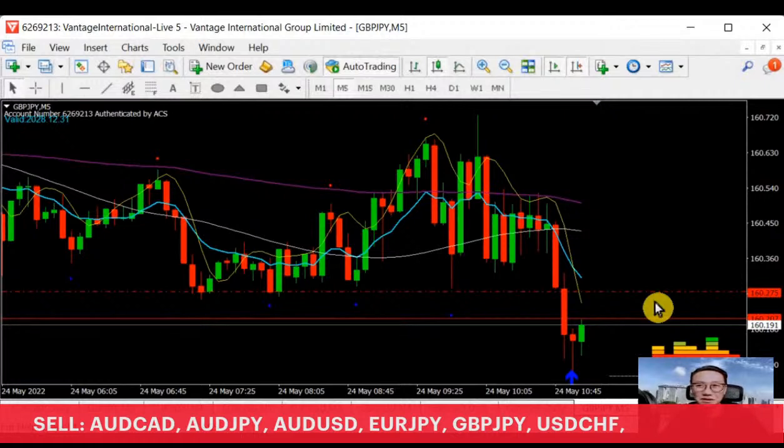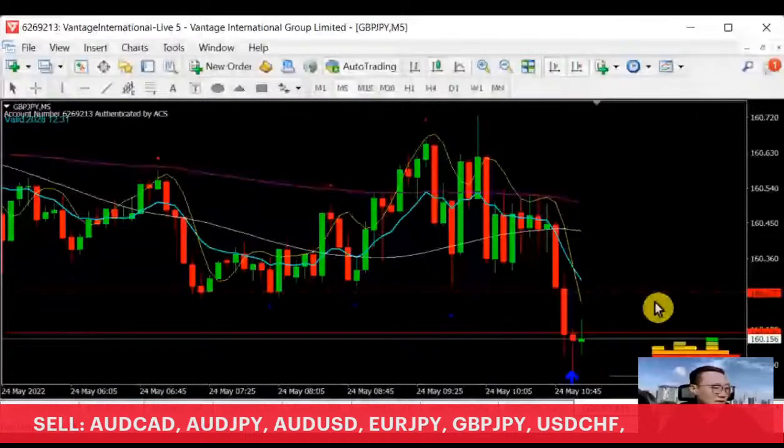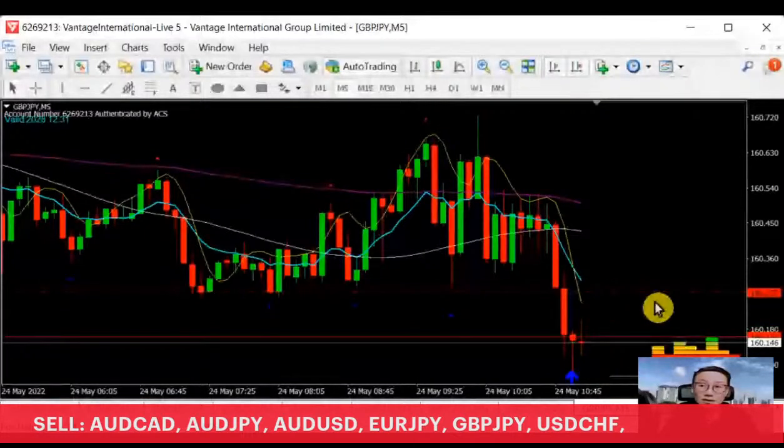So this is what I meant. It's not so ideal for me to enter a trade for this pound yen just now. That's not what I want.